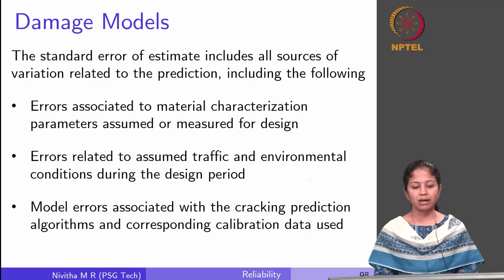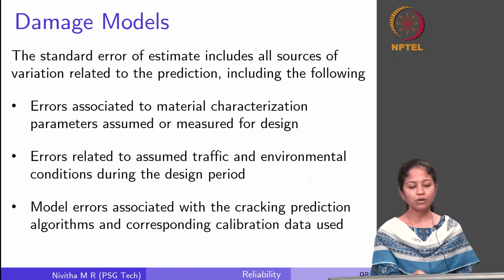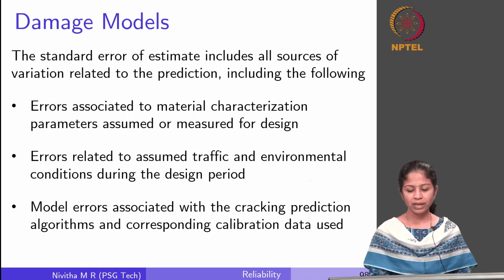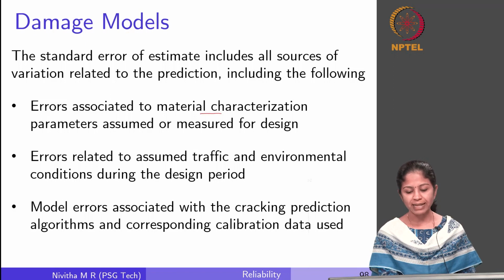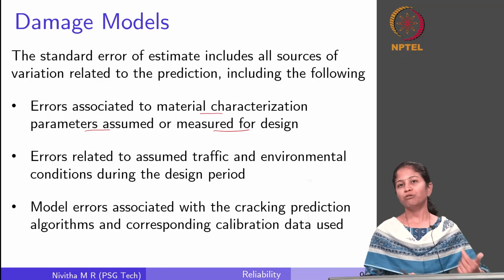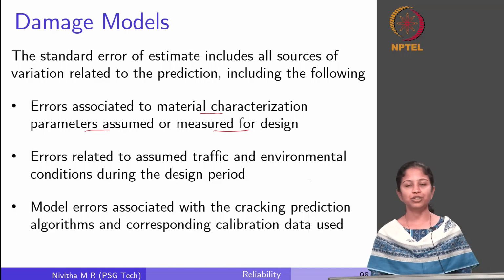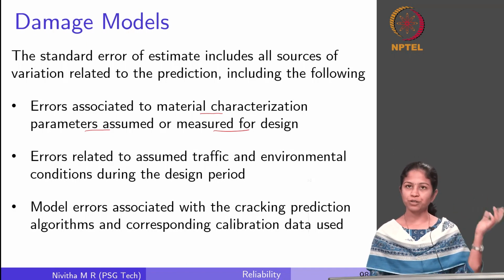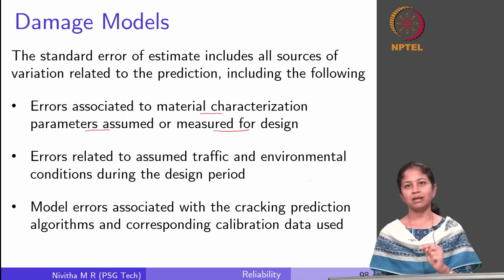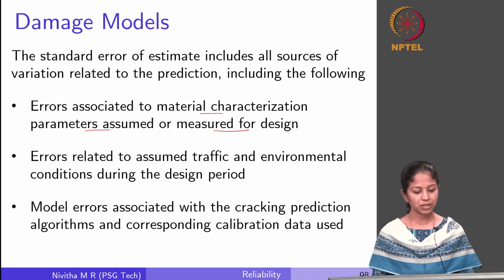Now, this standard error of estimate includes all sources of variation related to the prediction, including what are given below. So, what are these things? Errors associated with material characterization parameters assumed or measured. So, if I use a standard error value computed as shown here, this is going to take into account the variation in material parameters that were assumed during design and that is observed in the field after construction.